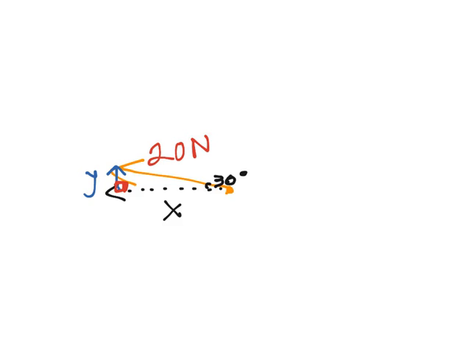Alright, so I'm going to solve for y first. No particular reason. So y is the opposite of your angle. Your angle is still 30 degrees, and your hypotenuse, which is your original force, is 20 newtons.